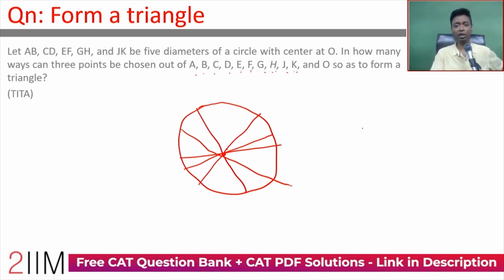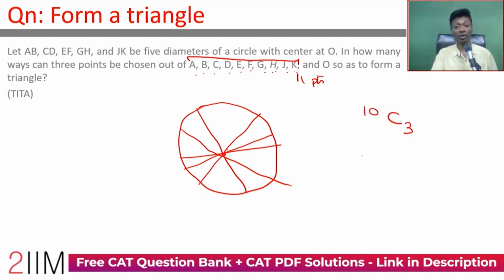Any 3 points lying on a circle are non-collinear. So there are 11 points here. I'm going to break this down. We're basically asking, from these 11, how can you select 3 points that are not collinear? I'm going to break this as 10 of these on the circle. Out of these 10, you select any 3. They'll be non-collinear.